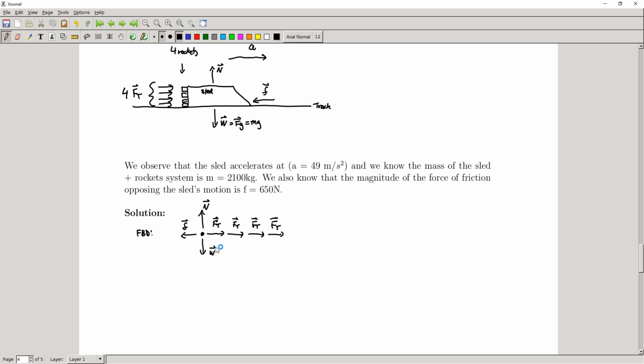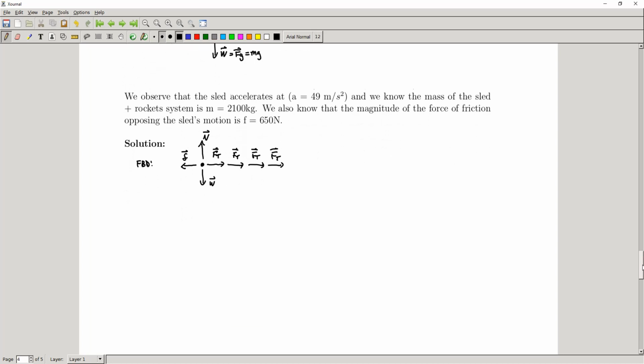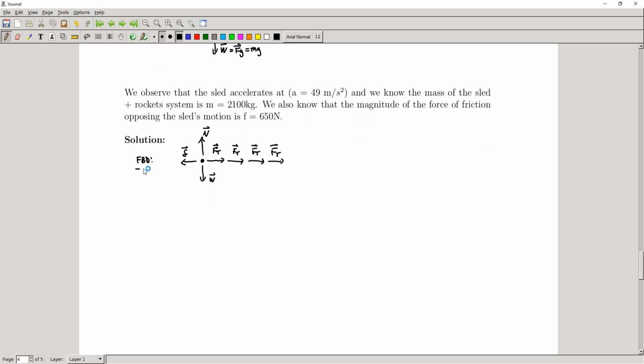Okay, so now we want to take a look at each direction individually, right? So let's start off with the vertical direction. Vertically, what's going on? F net in the y direction is going to be equal to the normal force in the positive direction minus our weight in the negative direction.